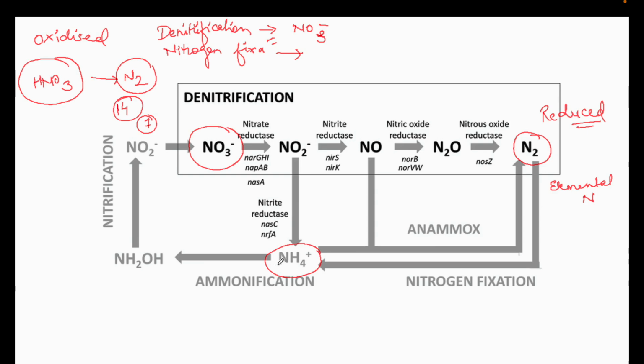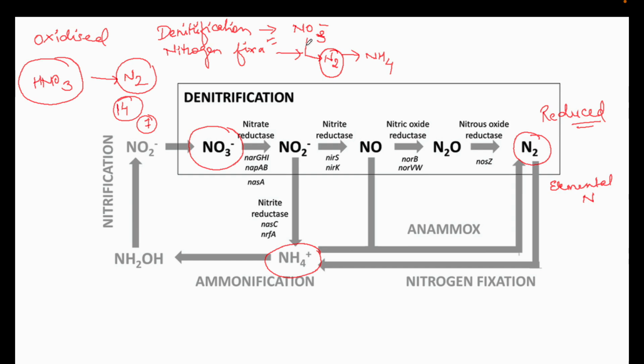Then we have other processes like ammonification and nitrification. Nitrogen fixation is conversion of elemental nitrogen to ammonia, and nitrification is conversion of oxidized nitrogen to elemental nitrogen. It is very important to understand.